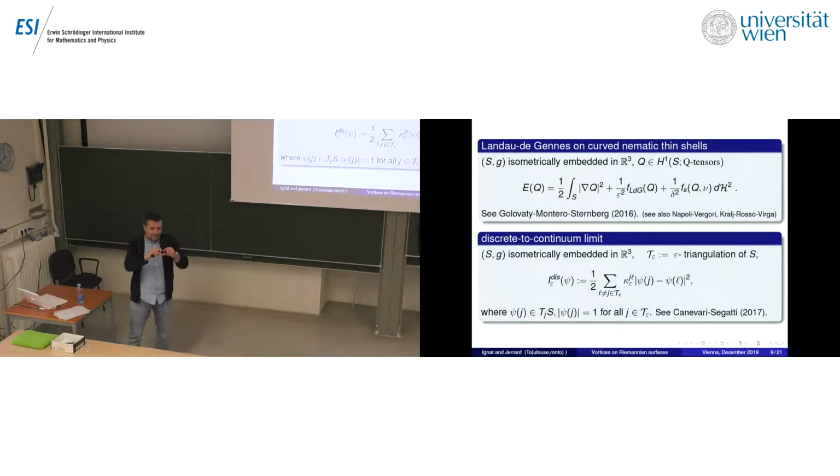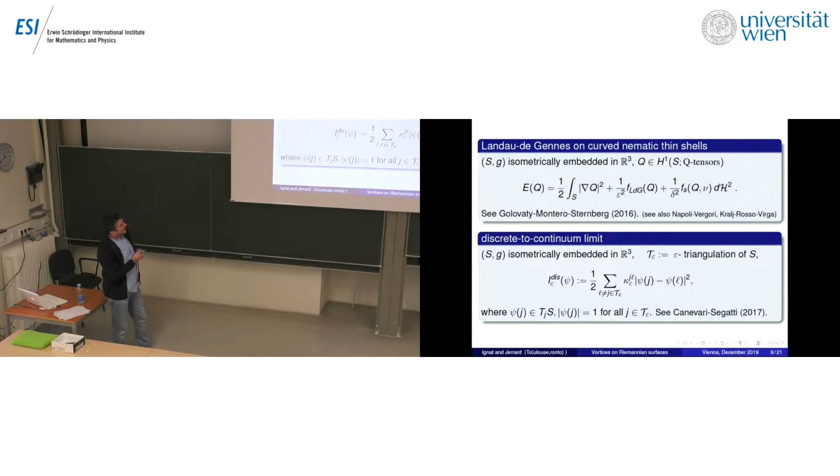So you take this kind of thin shell where you also put up and down some anchoring energy. When the thickness is small, so when this parameter delta is small, it will favor that the three eigenvectors of your Q tensor are the normal one and the two tangent ones. So in some sense it's similar to our problem, our extrinsic problem.